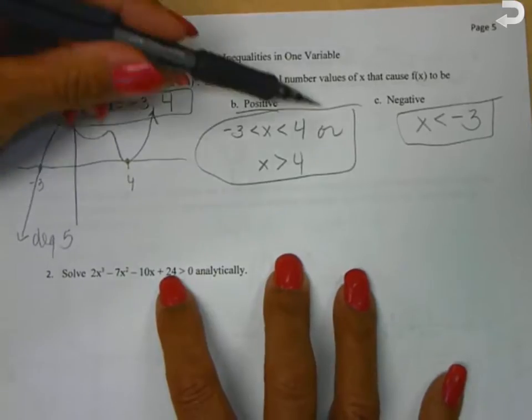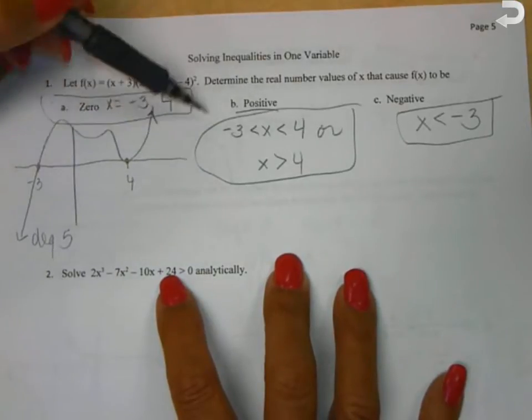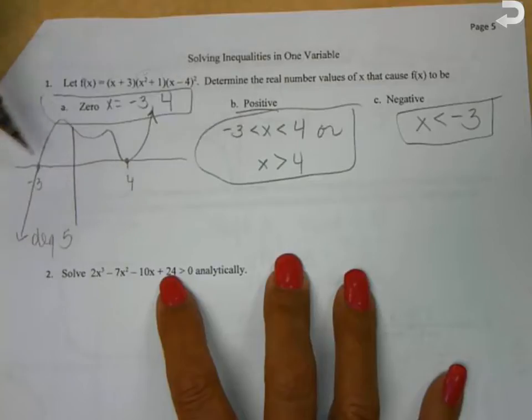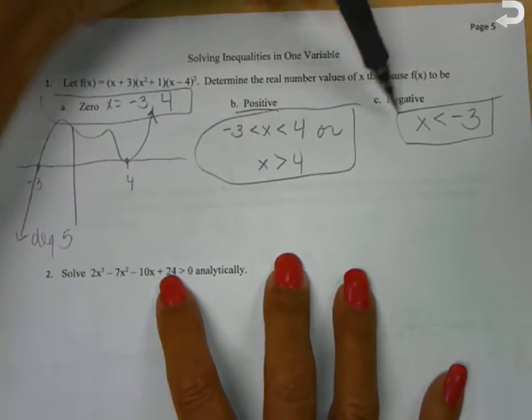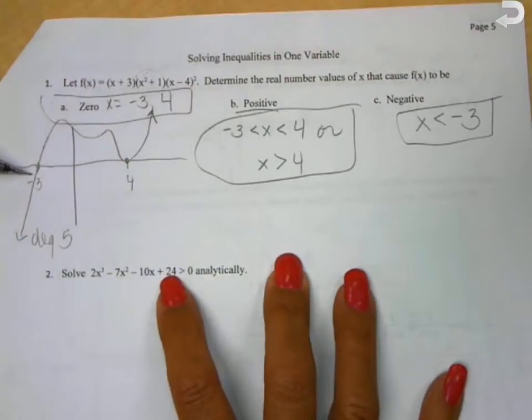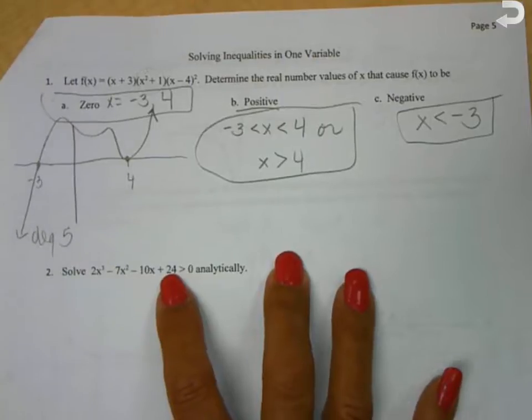If, again, this is a velocity graph, when my graph has positive values, these x-coordinates would describe the times in which I would be moving in the positive direction, and where it is negative would be times where my object was moving in the negative direction.